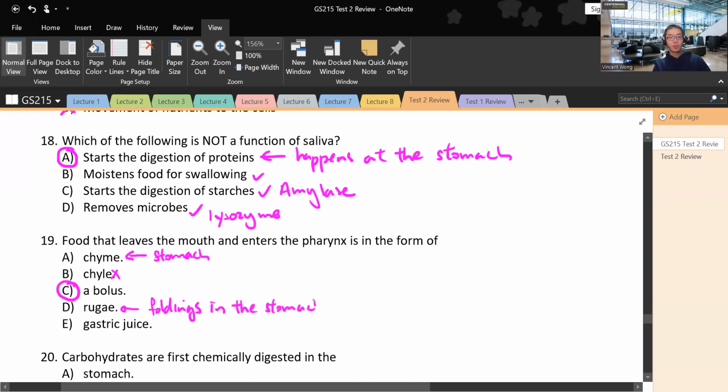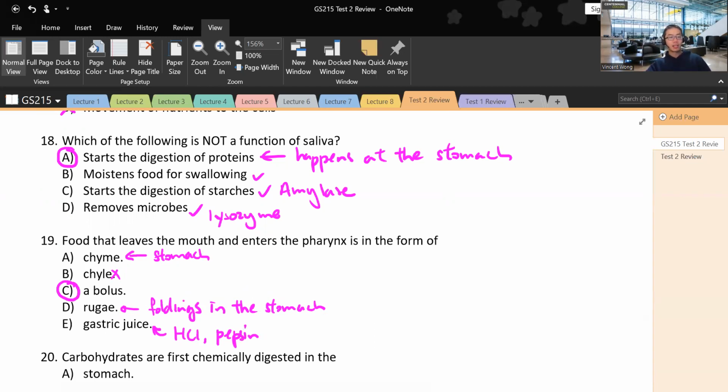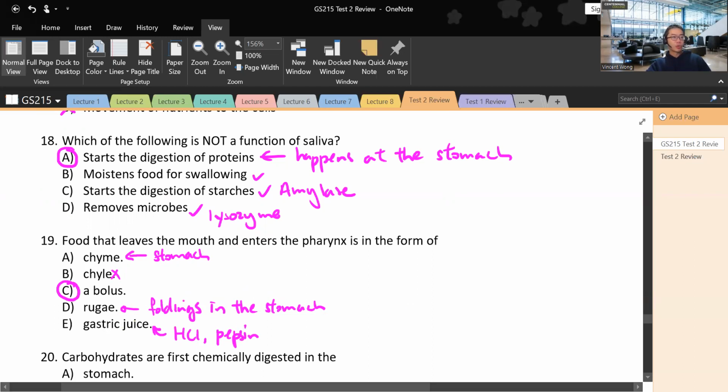Those foldings will disappear when you're full. And gastric juices, again, it doesn't make sense in the context of this. This is talking about the mixture of HCl, pepsinogen, or pepsin, all those mixtures in the stomach acid. That is the gastric juice.